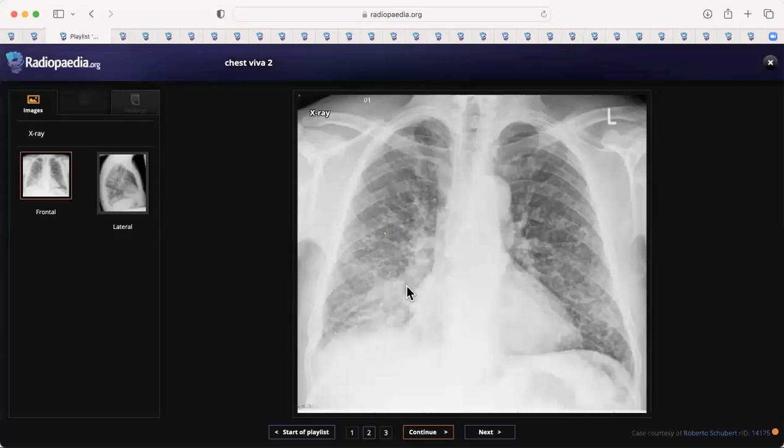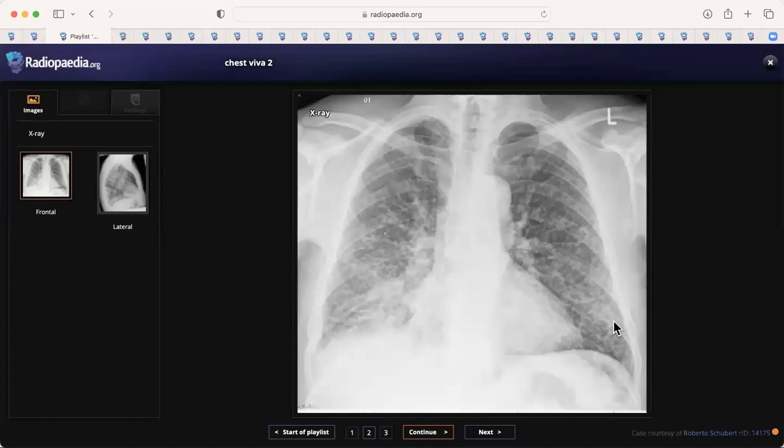So what's the general pattern? What do you call these types of nodules? They could be miliary nodules. Yes, they are miliary nodules. Can you see them? They're quite tiny, scattered all over. What's your differential for miliary nodules? TB, tuberculosis infection.